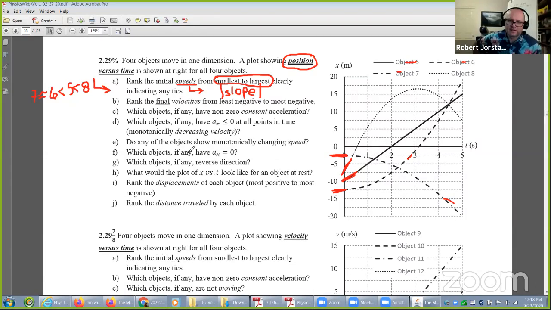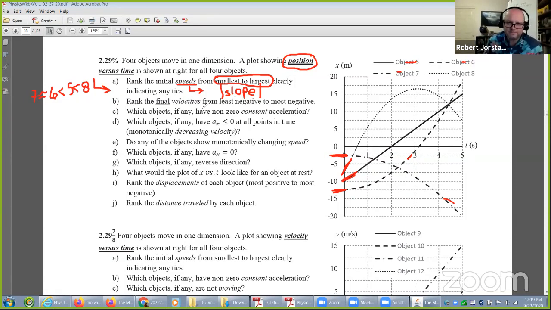A lot of times, I don't know how to do ranking questions in there. I do think they're good to practice because it forces you to think about a lot of cases, so you should definitely do these ranking questions. But for right now, I would ask which one's the biggest, and then the next question would be which one's the smallest. And one of the answers might be they're all tied, or 5 and 6 are tied, or 5 and 7 are tied, or 5, 6, 7, and 8 are tied.